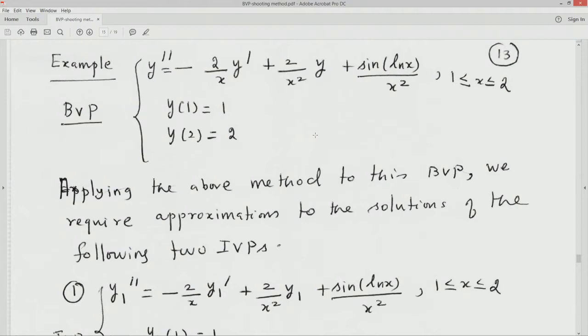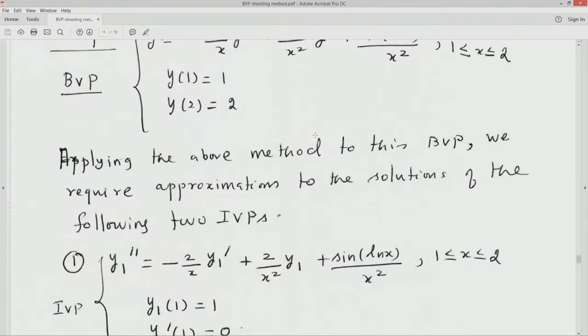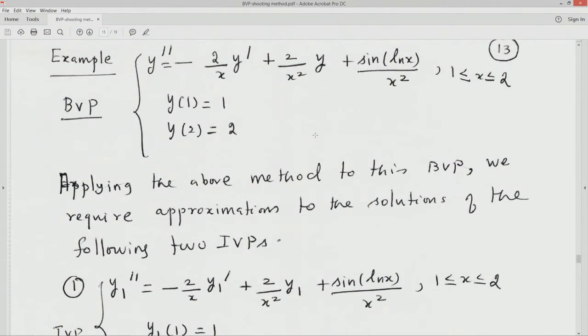So, we would like to apply the shooting technique to solve this linear boundary value problem, which in turn requires approximations of solutions to two initial value problems. So, we must define those two initial value problems. Let us do that.